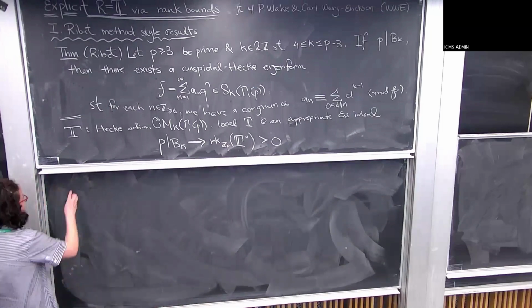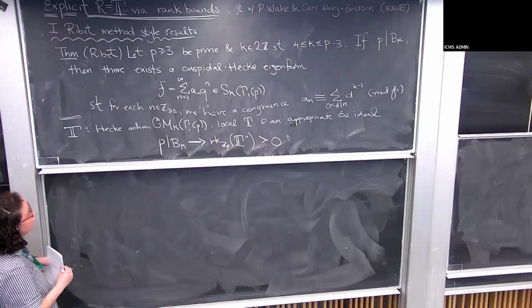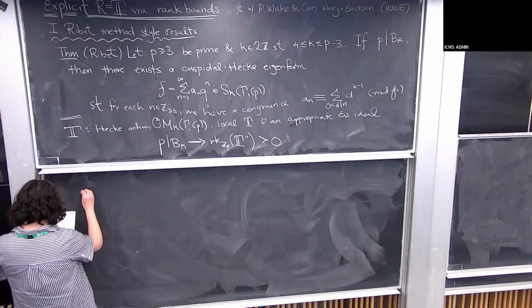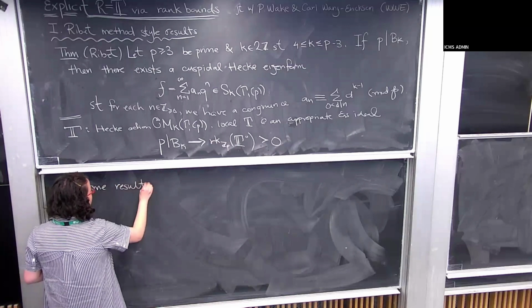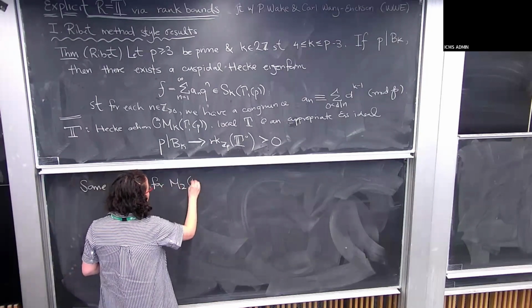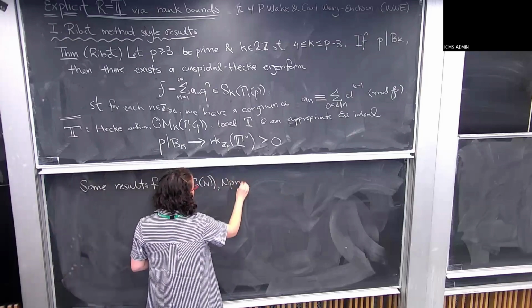Great. All right. So now we're going to talk about some results for weight 2 modular forms of prime level Gamma_0(N).